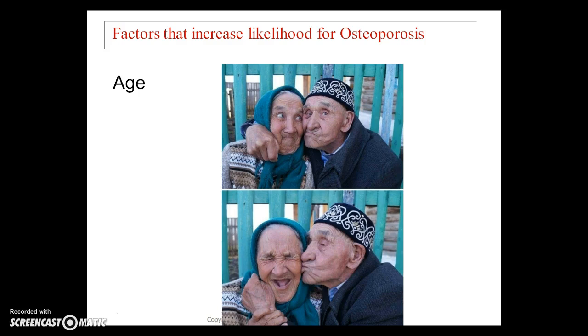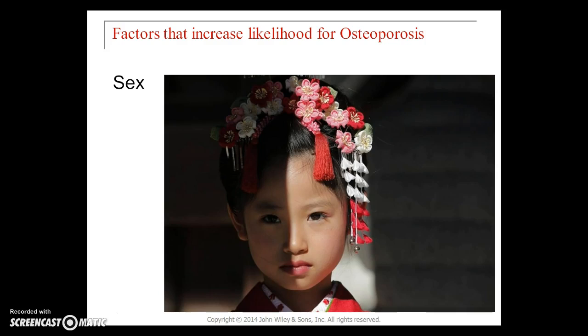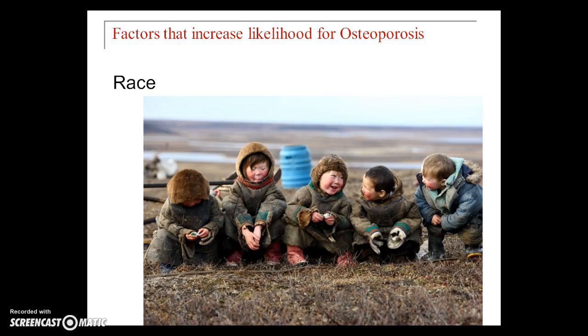So your age is a factor. Older people tend to be more susceptible to osteoporosis. Women tend to be more susceptible than men. And Caucasians seem to be more susceptible than other races.